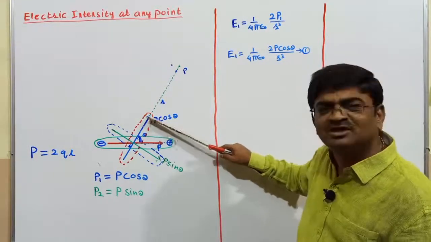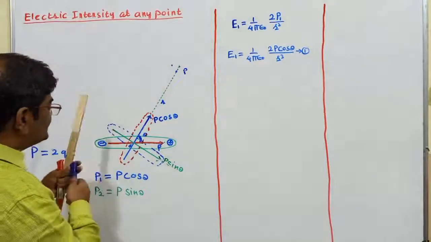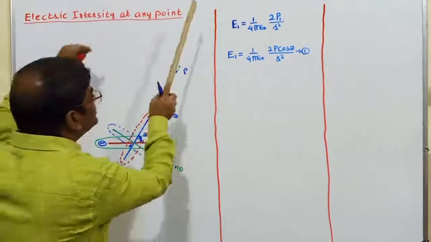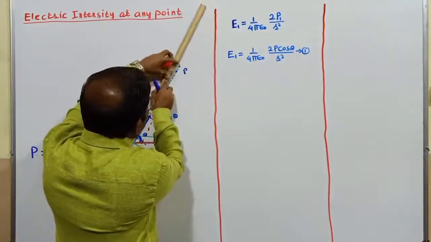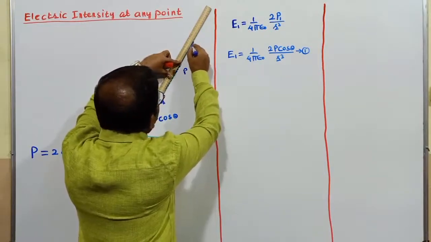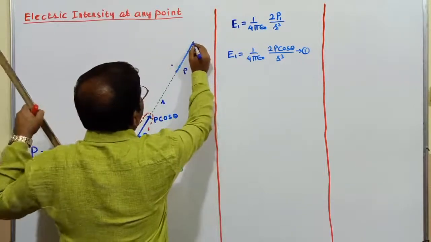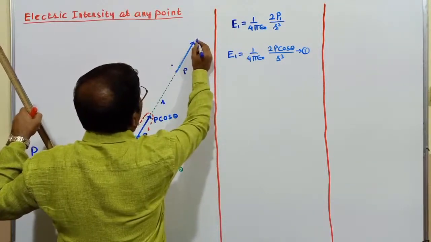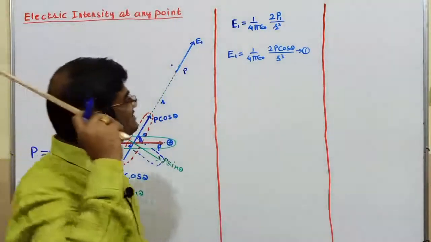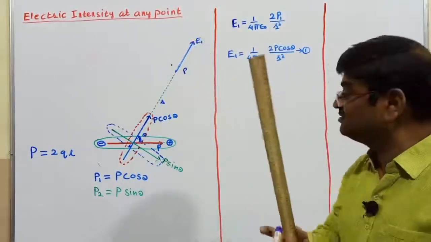P1 direction I have shown here, and here I show the electric intensity due to this dipole, magnitude I have got, and direction is here. This I have got, E1, direction of E1 I could write.